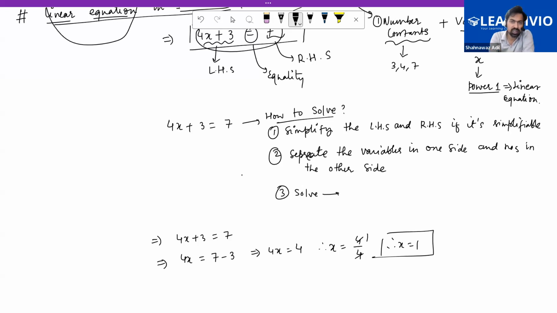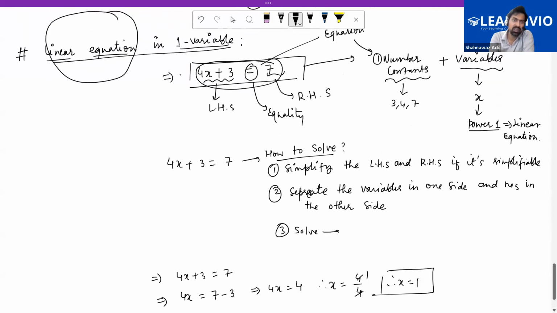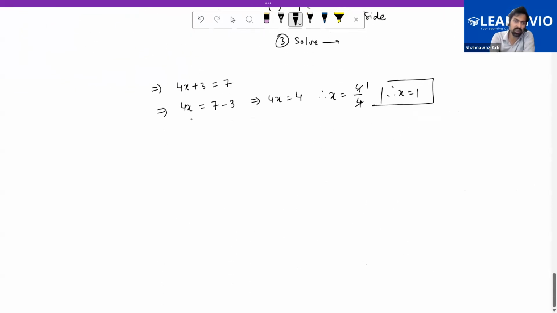Let's do one question, and we will solve many questions using this linear equation in one variable, right? This is the one thing that I have to talk about.